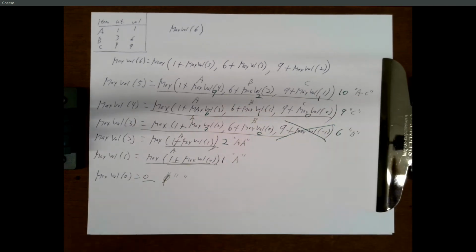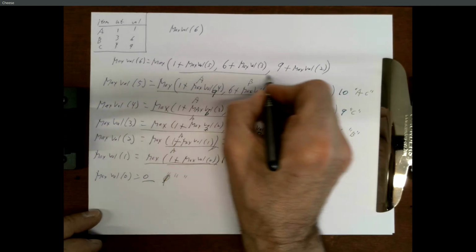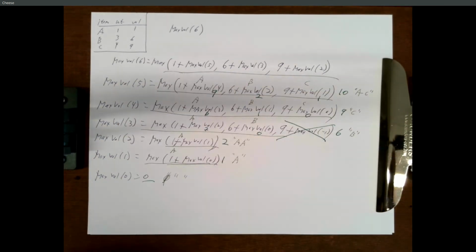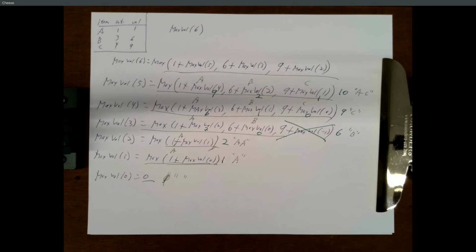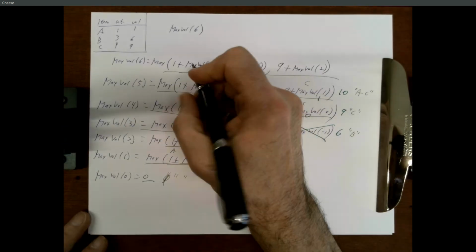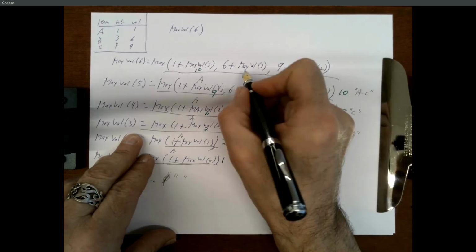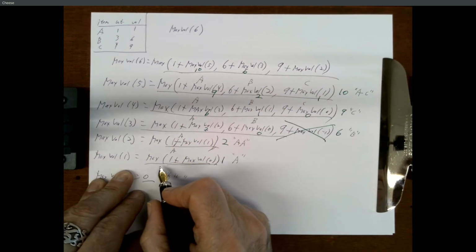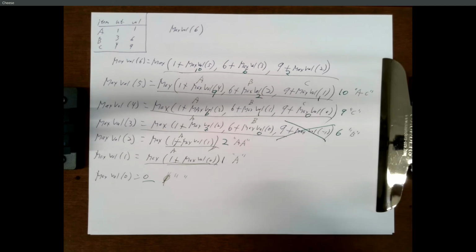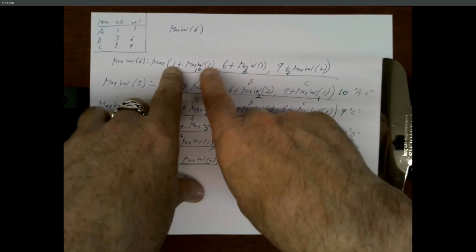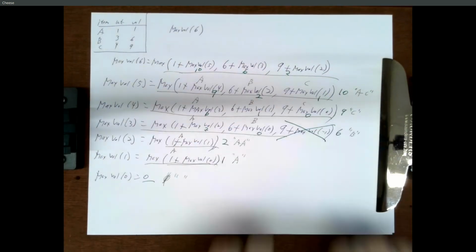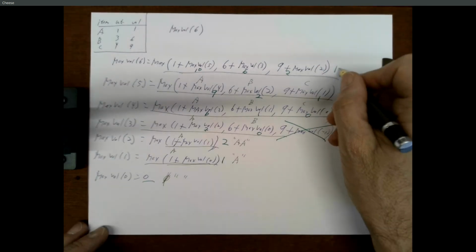All right, so what happens when we get to our real question, which is what's the maximum value from a capacity of 6? Well, max val 5 is 10. Max val of 3 is 6. And max val of 2 is 2. So now we're looking at the maximum of 11, 12, and 11. The largest of those is 12.